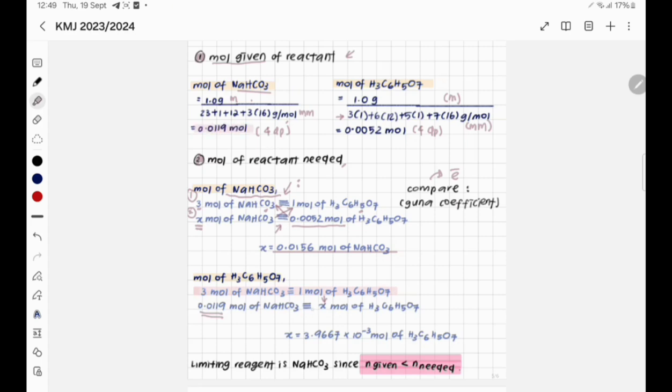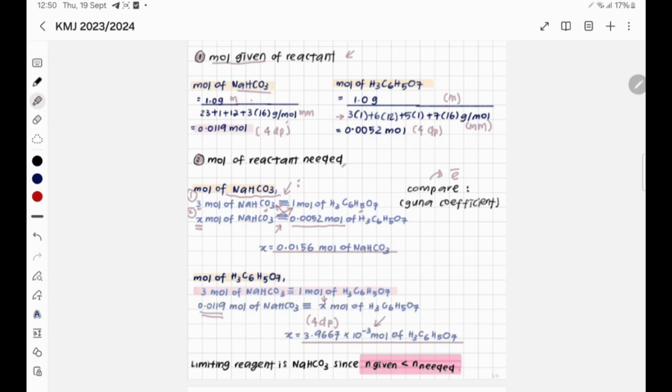And then kita boleh cross multiply, and therefore kita akan dapat X 3.9667 times 10 power of negative 3 mole of citric acid. And jawapan mole ni kita biarkan je dalam bentuk power macam ni. Just make sure the front answer dia masih dalam 4 decimal point.